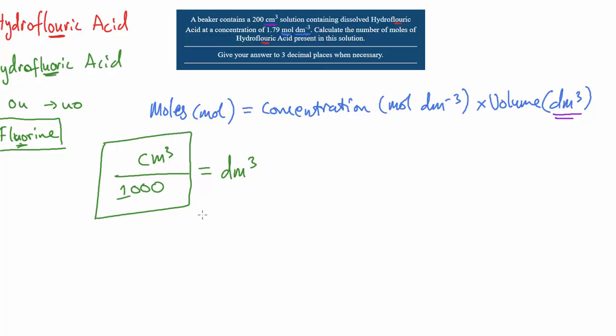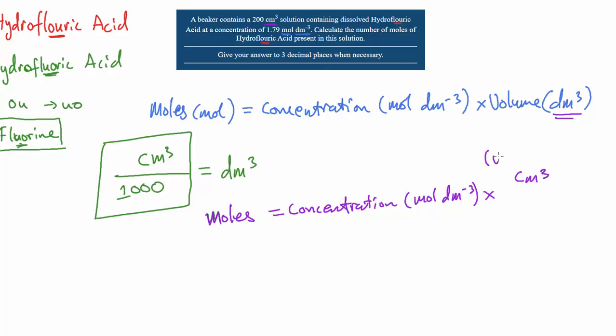So the moles, we'll use purple, is equal to the concentration in moles per dm cubed multiplied by the volume in cm cubed. I just put V for volume. So volume in cm cubed divided by 1000.